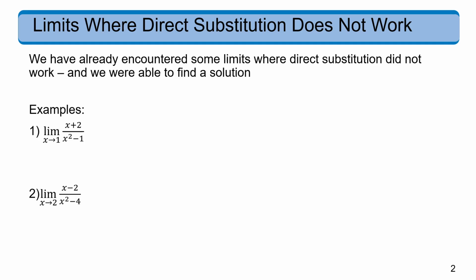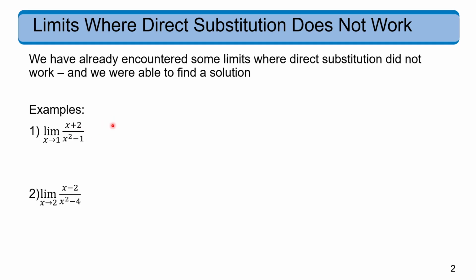So look at the first one. This is rational, and when we try to evaluate the limit by substituting in 1 for x, notice we get a 0 in the denominator. So we can't use direct substitution. But let's think about what happens to the numerator and denominator separately. As x approaches 1, the numerator is x plus 2, so it's going to approach 1 plus 2, which is 3.